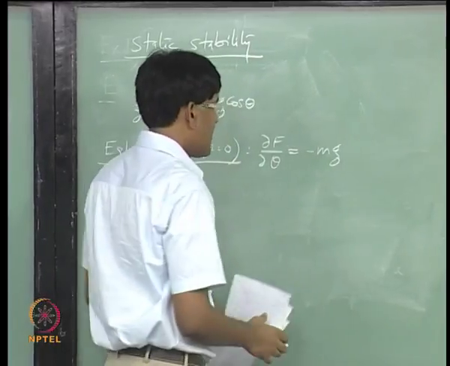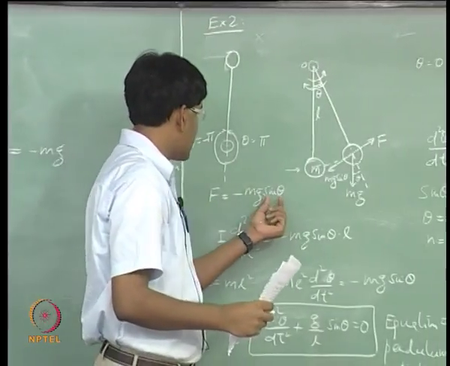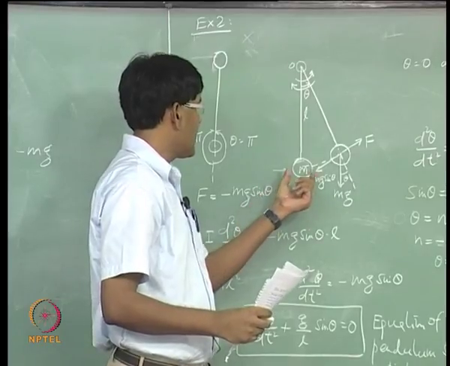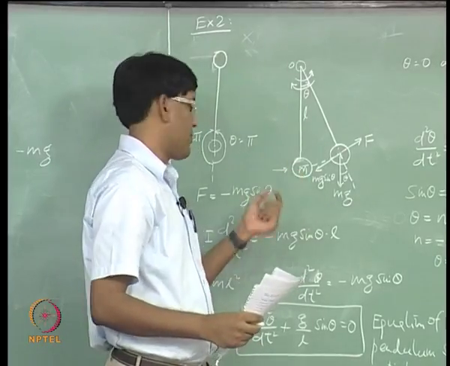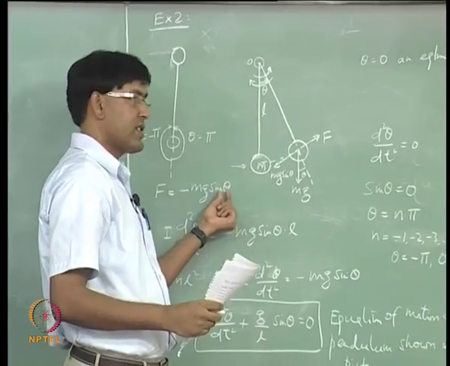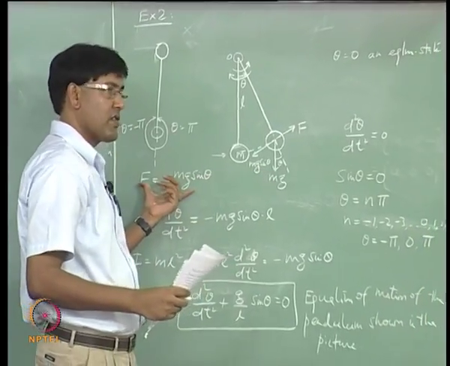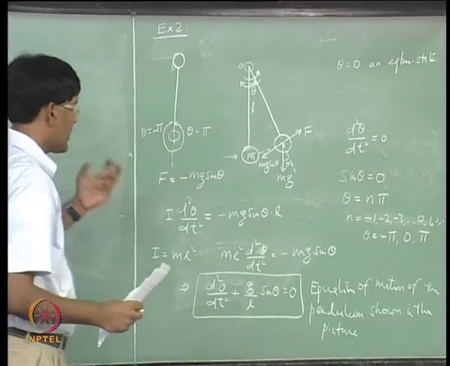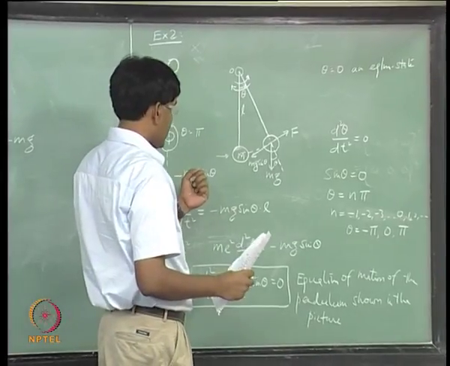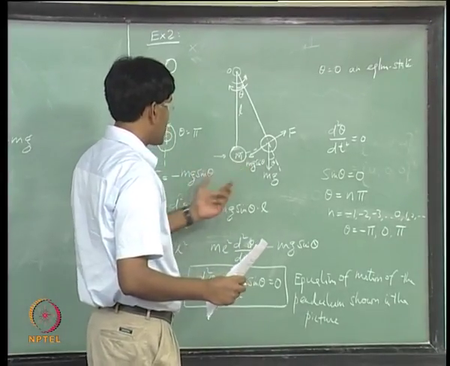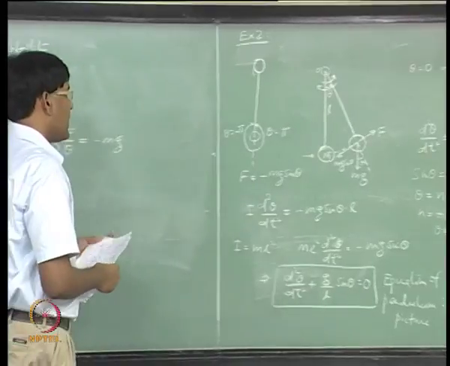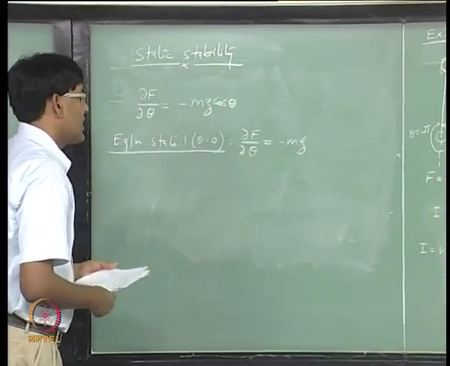So, remember this force is developing only because of the motion of this mass m. If this theta is 0, there is no force. So, this force is developing because of the displacement of the mass m, and it is called restoring force.